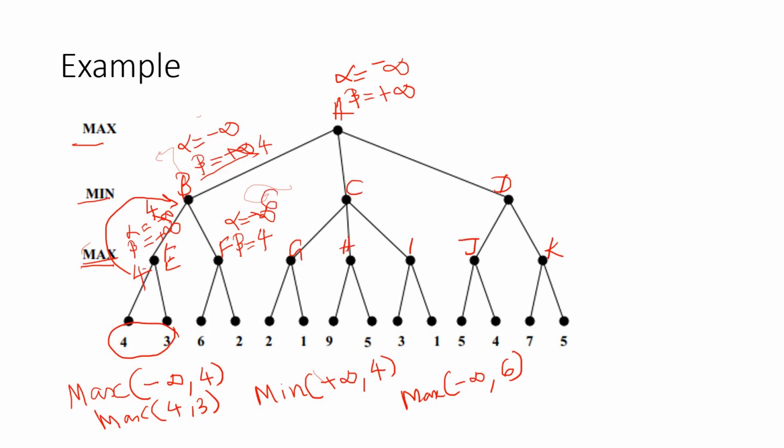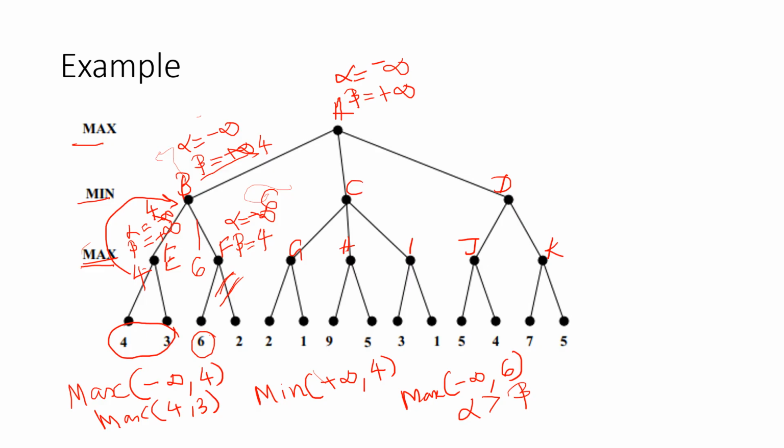Now the condition is satisfied, that is alpha is greater than beta, so it will not check the successors. It will not consider the next leaf node, only 6. This path is pruned. So the min max value will become 6.